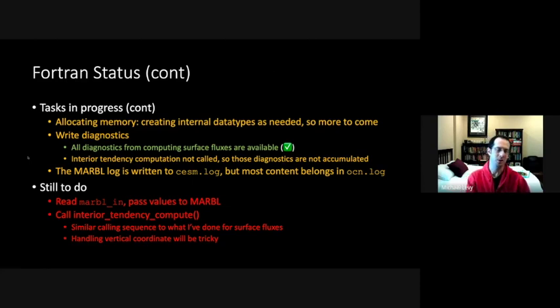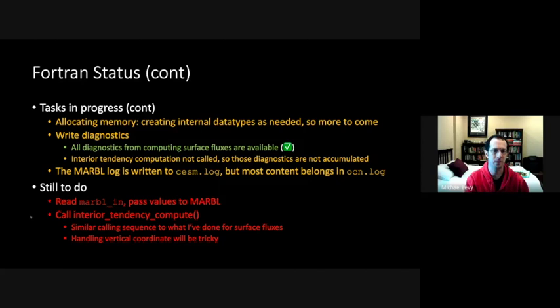And then still to do is reading the MARBL in file to get the MARBL tuning, the parameter settings, and passing those values to MARBL. And then I still need to call interior tendency compute. It should be similar to the calling sequence for what we've done with the surface fluxes. Handling the vertical coordinate will be a little bit tricky.